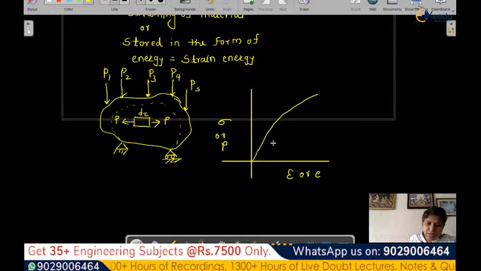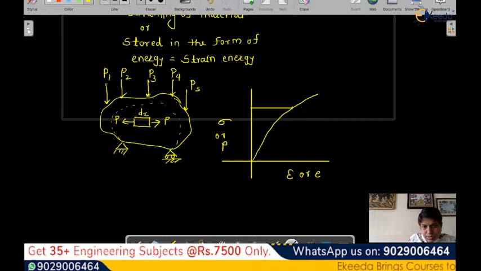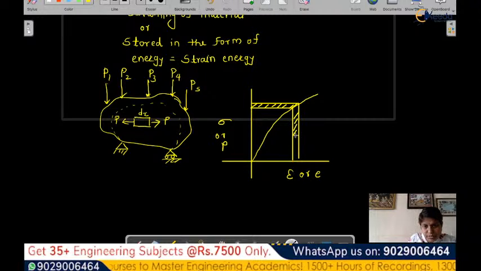Now when we want to see the stress strain relation at any small element at any point, let's consider some point at level I. What is the stress over there? We can plot it, and the curve for that small element will be shown like this.